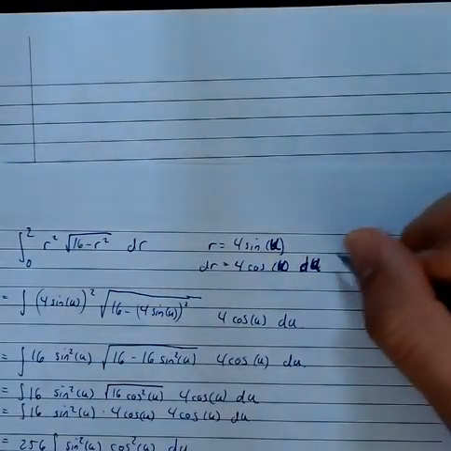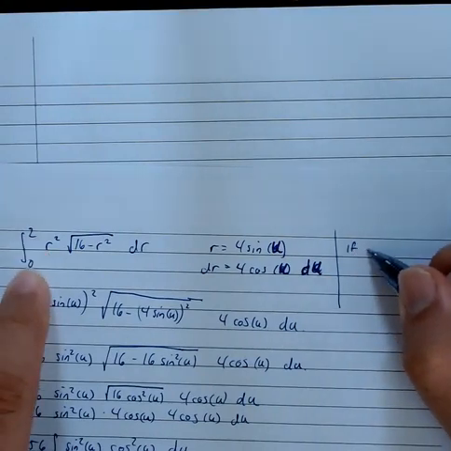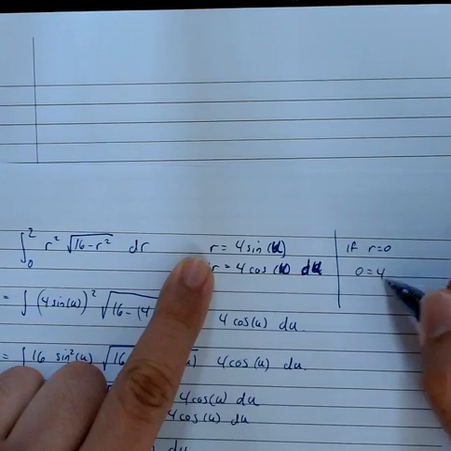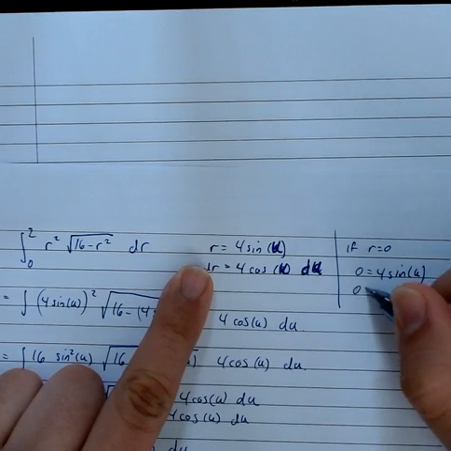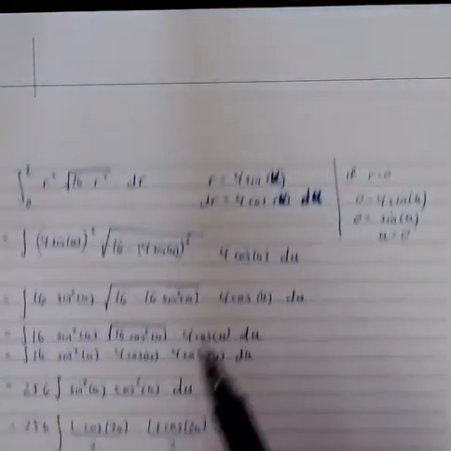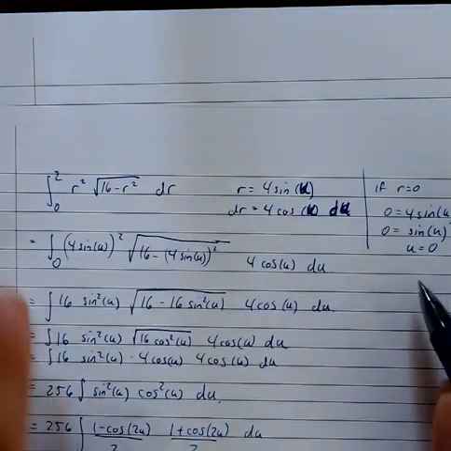Here, note that if we have r is equal to 2, let me start with 0. If r is equal to 0, then that means that 0 is equal to 4 sine of u. I can divide both sides by 4, which still leaves me 0 equal to the sine of u, which means that u must equal 0. So here, I can have this as being the bounds from 0 up to, okay, well, let's see what happens if I have r is equal to 2.